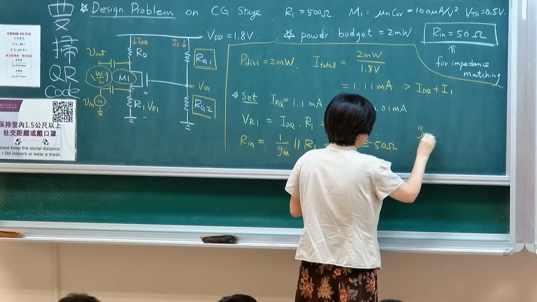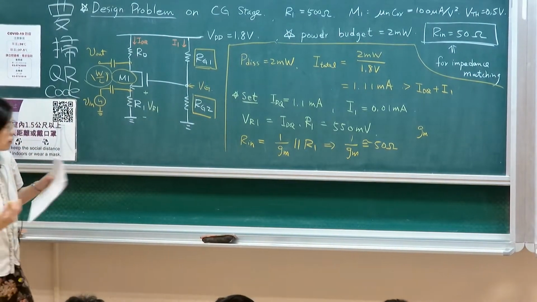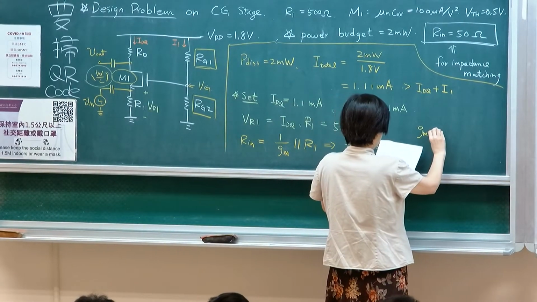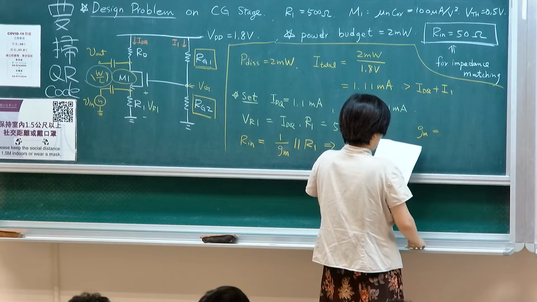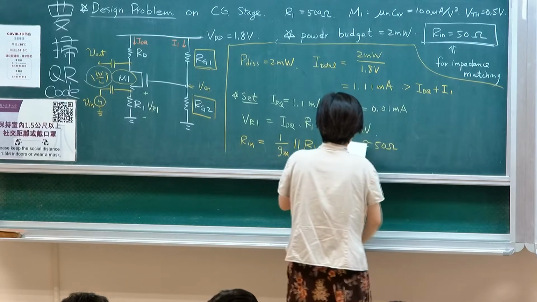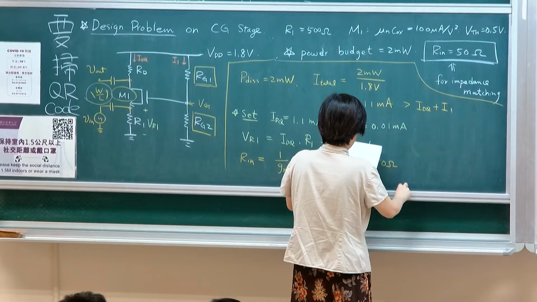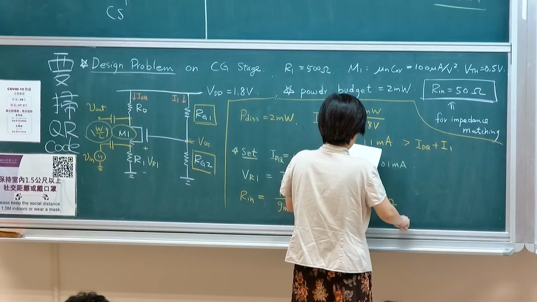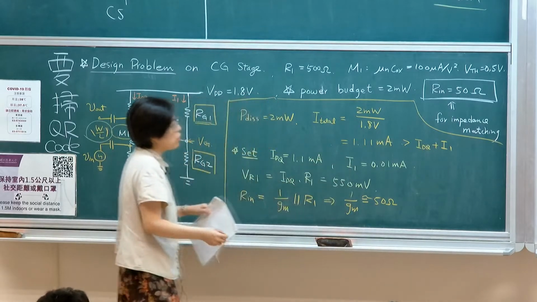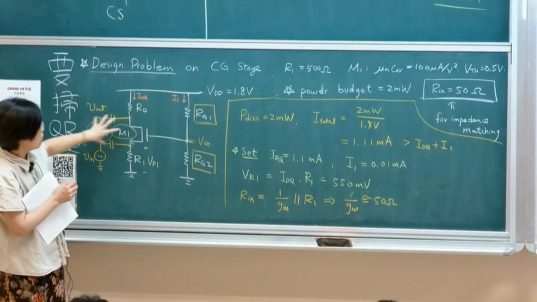we know that there are various ways of expressing GM. In this case, I know my current, and once I know this, I could use a different expression to determine W over L, or you could determine your size.